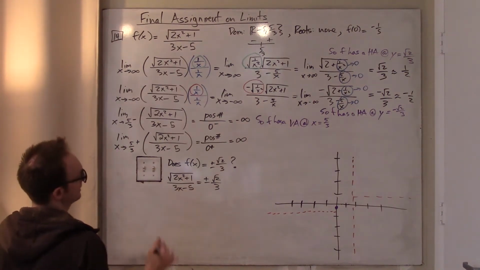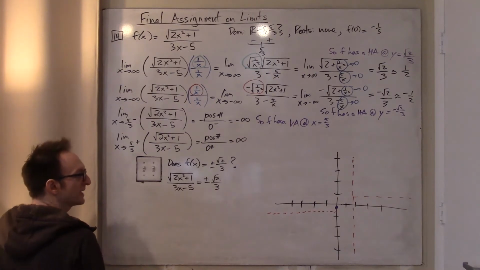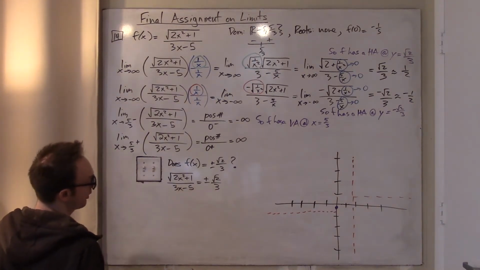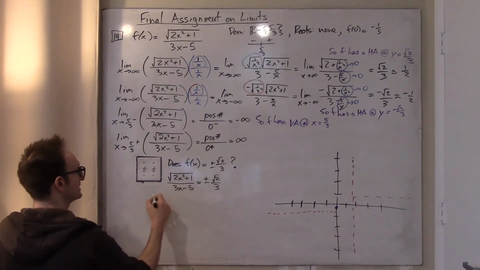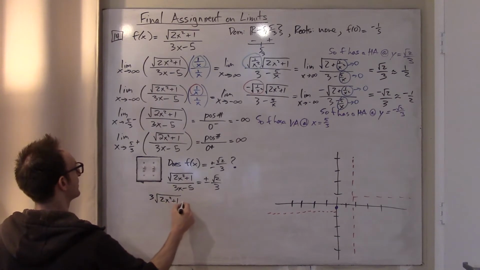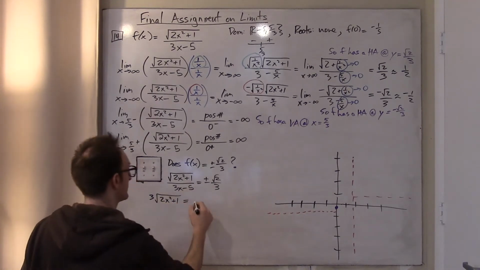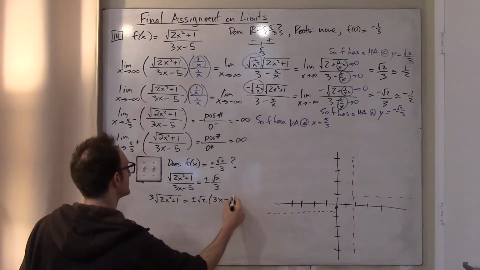And so actually, I can solve both of these equations in one step, because they turn into the same equation. Just before squaring both sides, I'll cross multiply because that's easier. So I get 2x squared plus 1 equals plus or minus root 2, 3x minus 5.